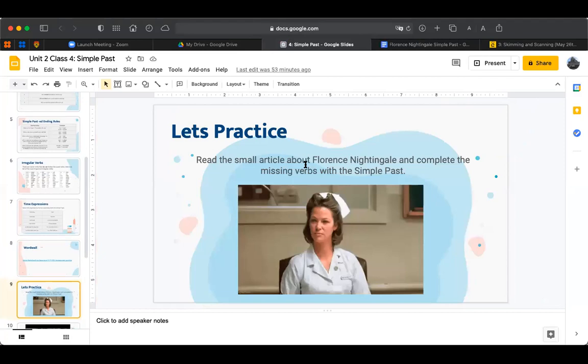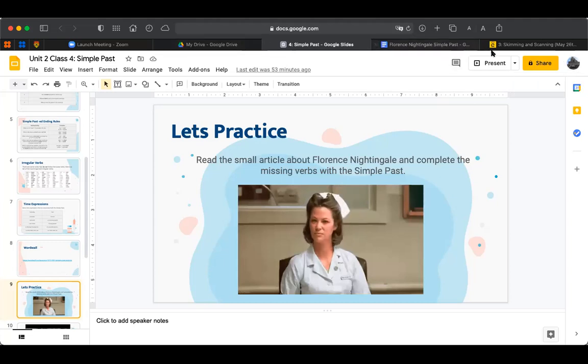Okay, now we're gonna read a small article about Florence Nightingale and complete the missing verbs with the simple past. I'm sure you guys know who Florence Nightingale is. You must know if you're studying nursing. So, saben o no? You guys know who she is? No es la persona que sale acá. Okay. Yes. Exactly, Kiara. Yes, her.